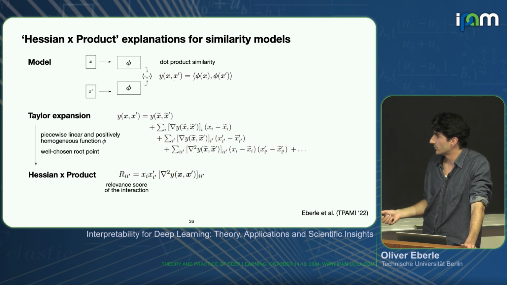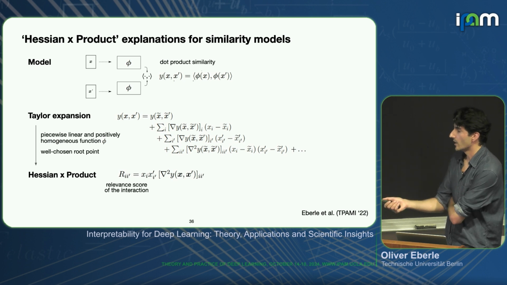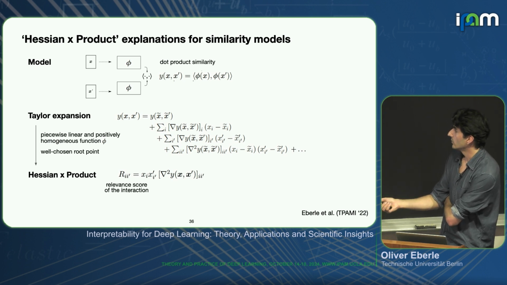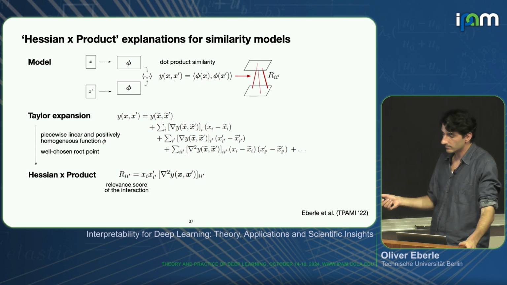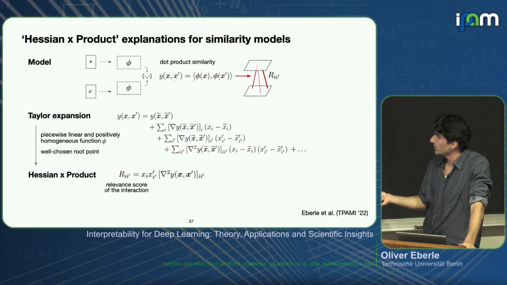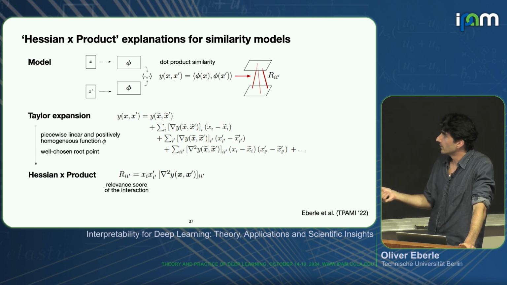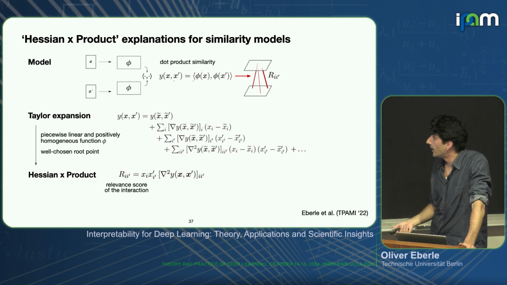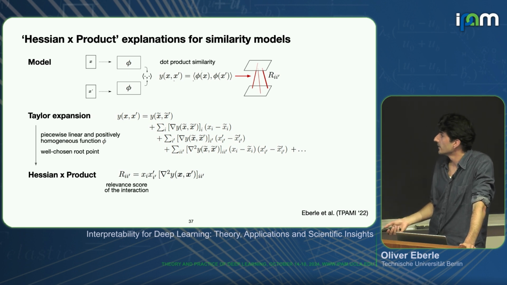This would give you something like a Hessian times product way of attributing. So I prime is now basically this thing. It gives you for each of your inputs, x and x prime, how important a pair of pixels or features would be. So it's a scoring of all possible combinations between the features. And this Hessian times product formulation allows you to compute them in a direct way.